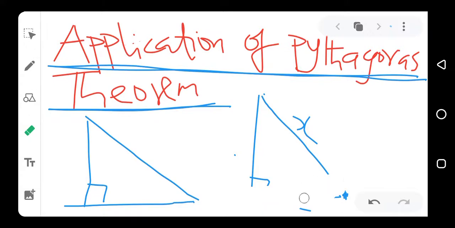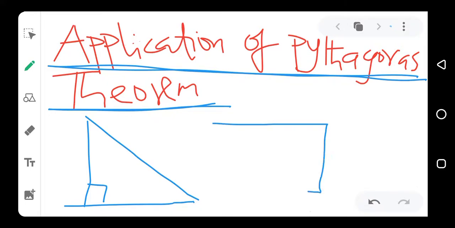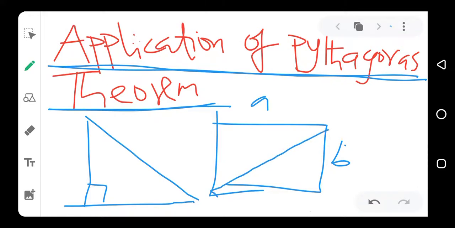Now you can also use this to find the diagonal of maybe a land. Now assuming that you have a rectangle, maybe we know this side A and we know this side B, and maybe this is the diagonal, the length that passes through the two edges of a shape, one edge here, another edge here.